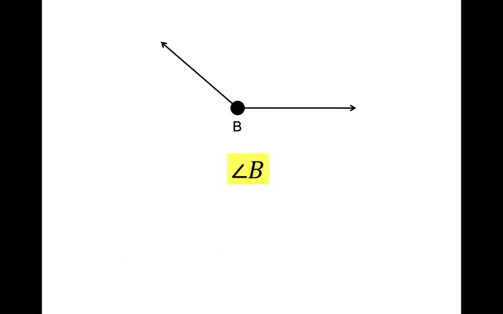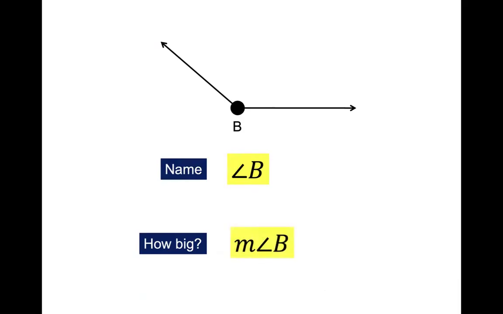So if we want the name of an angle, the name of that angle is angle B. But if we want to say how big that angle is, whether we used a protractor or some logic, we put a little M in front of that symbol. So M stands for the measure. So the measure of angle B, then you put an equal sign, the degree measurement, and the degree symbol. The degree symbol is in the upper right, and it's a little tiny circle. You've seen it before.